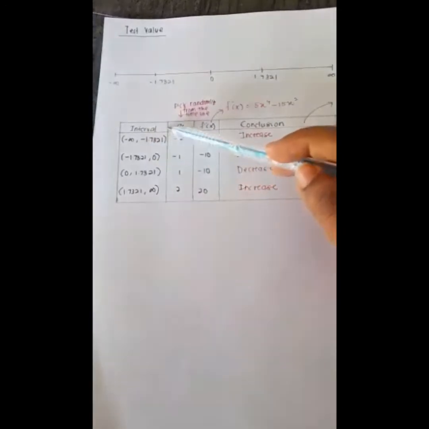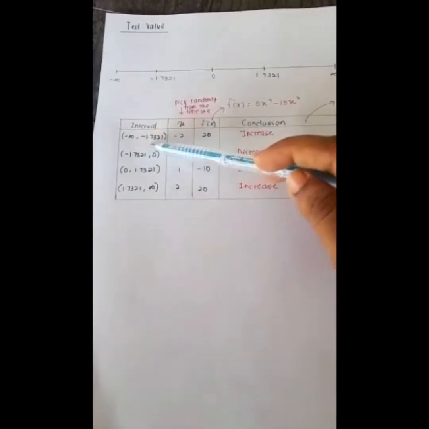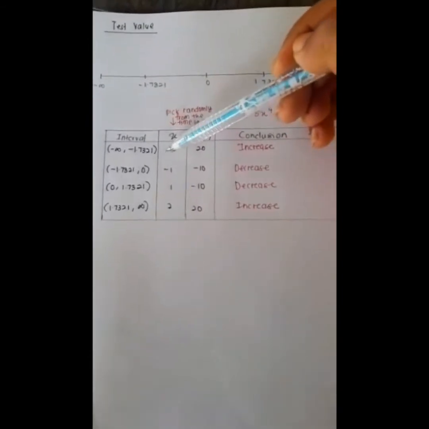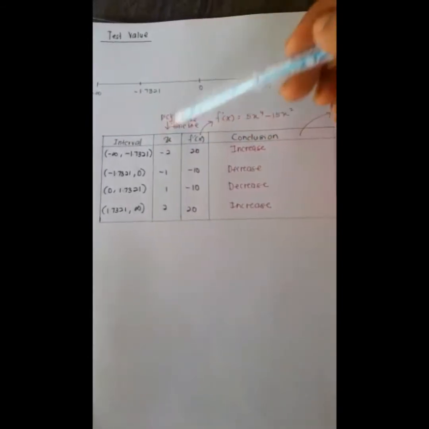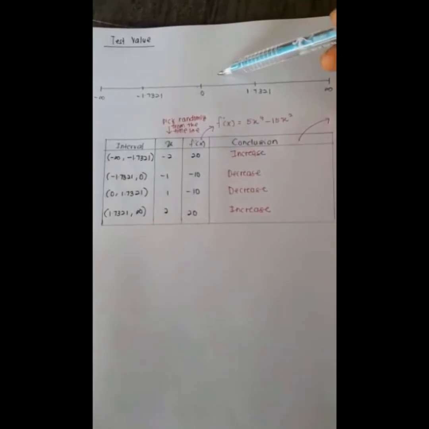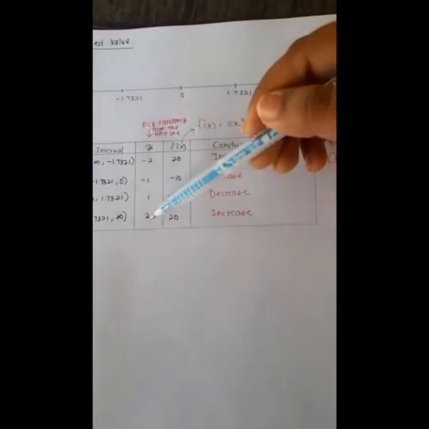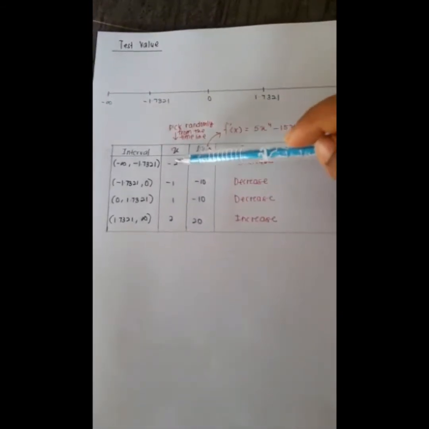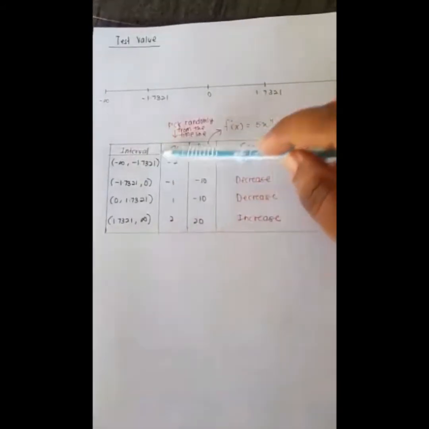In this x column, we can pick any random number from our interval. So I pick negative 2, here I pick negative 1, here I pick 1, and here I pick 2. Just notice, pick randomly from the timeline, but you have to follow this interval.